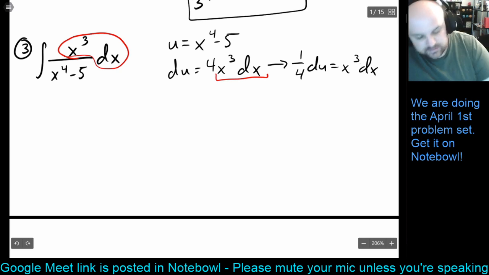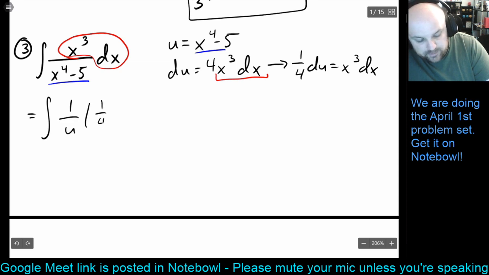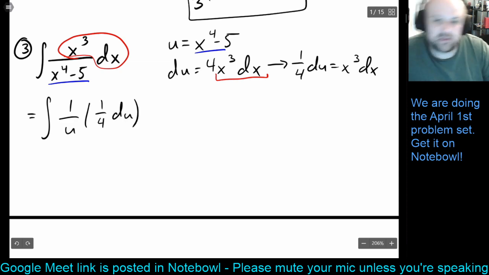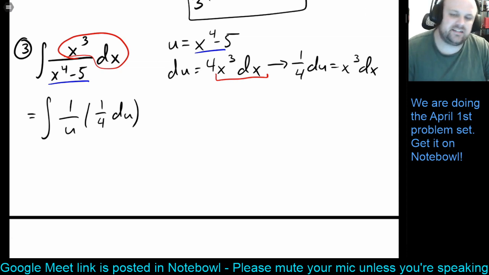That's fine. Then this integral will turn into 1 over u times 1/4 du. I think we did an example similar to this in the lecture videos.